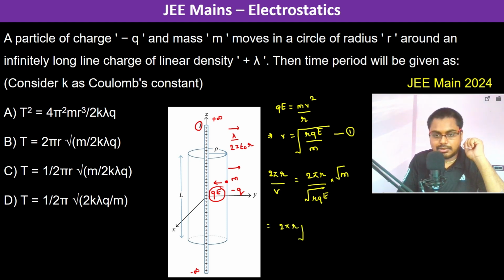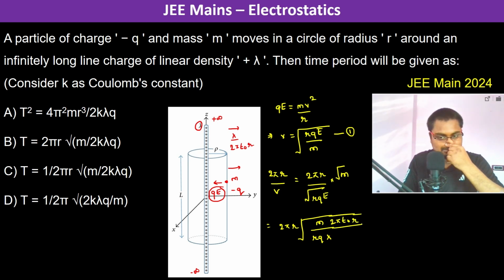2πr divided by root over m by rqE. E is λ by 2πε₀r, so λ by 2πε₀ into r. Okay, so fine, r and r is gone.